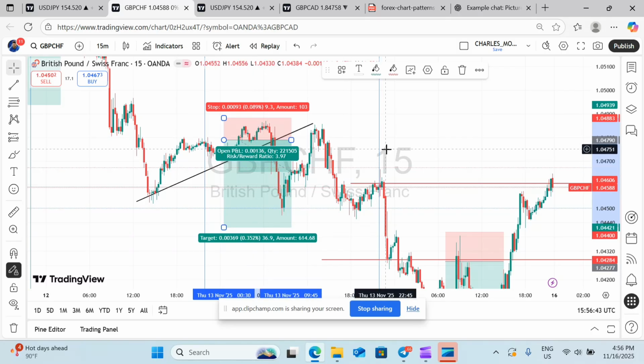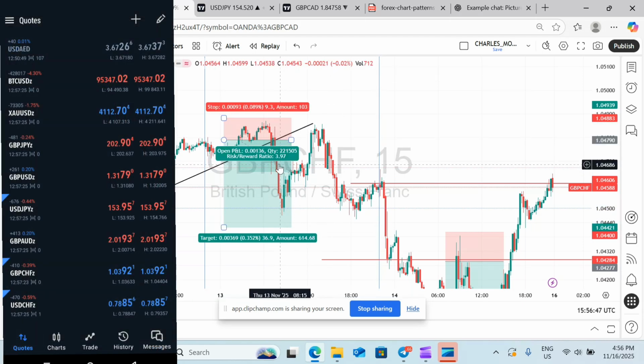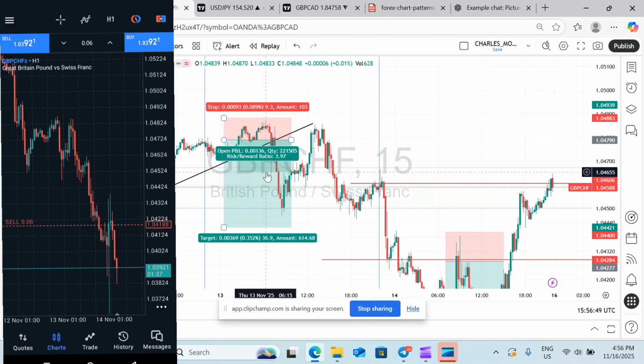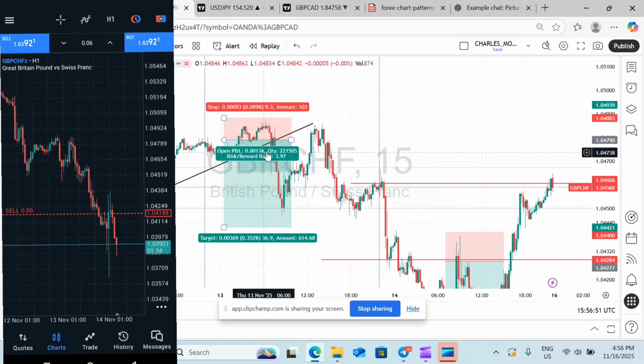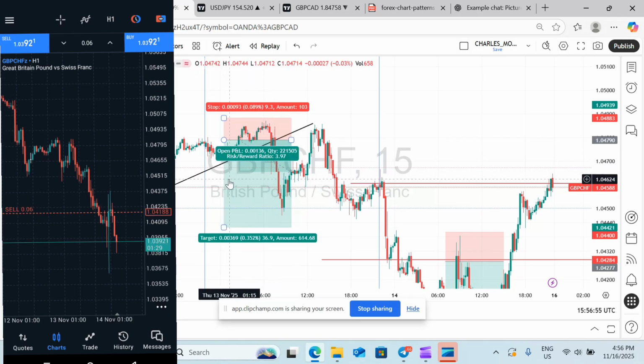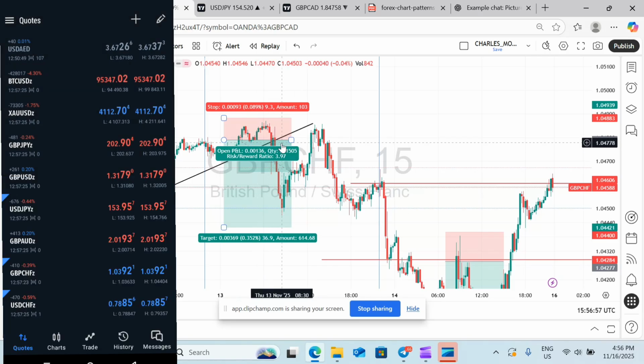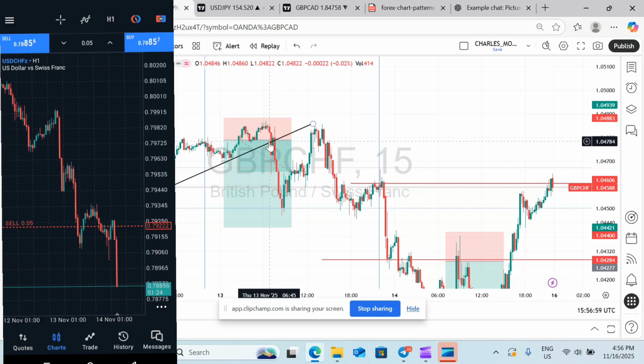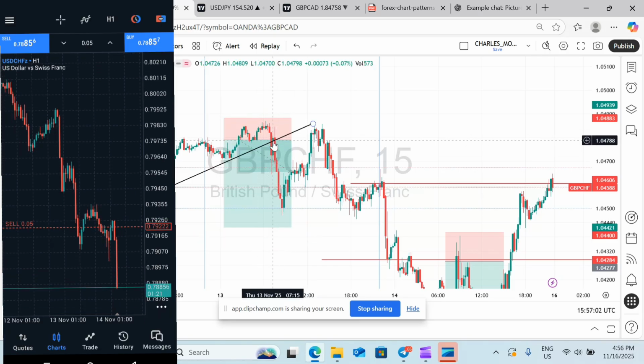Like you can see, this price action here was a break to the downside. Like I said earlier, within 5 to 6 minutes, I've already made a decision on how many pips I'm going to use on this.